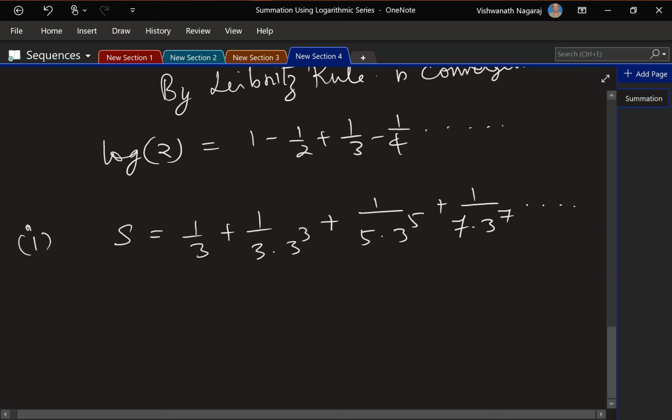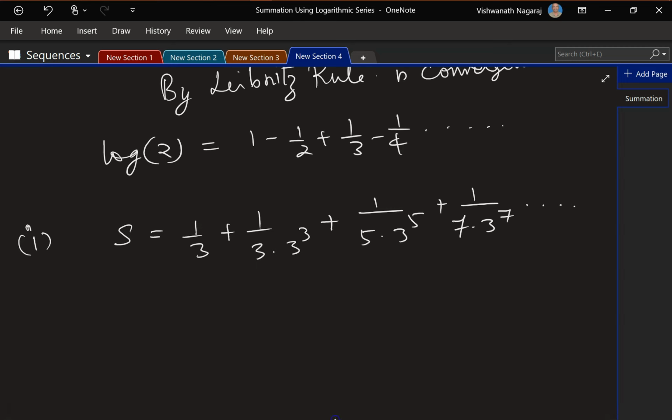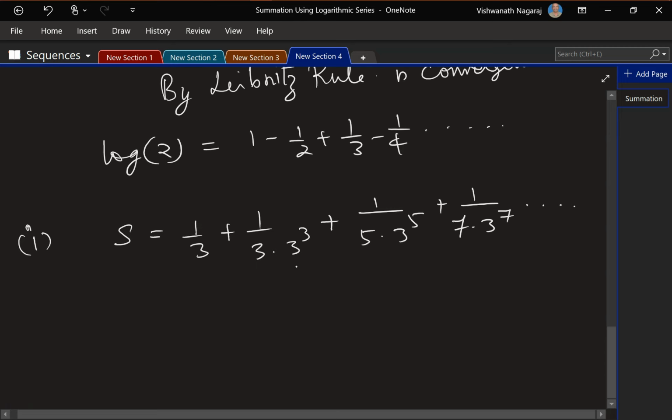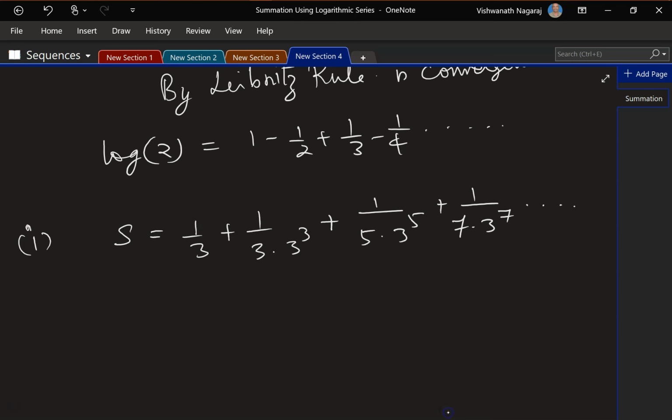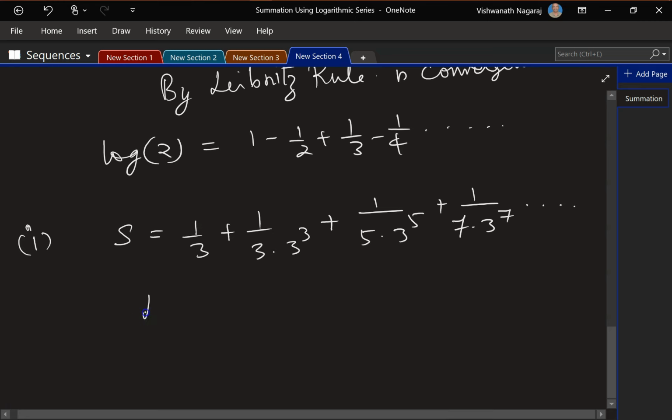Now if this is what we have to figure out, then what happens? Here if you notice, you have to recognize the pattern. So we need to have some kind of an x square, x cube, x4 kind of thing. So let x be equal to 1 by 3.